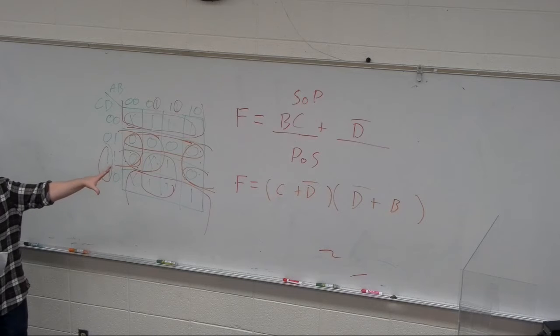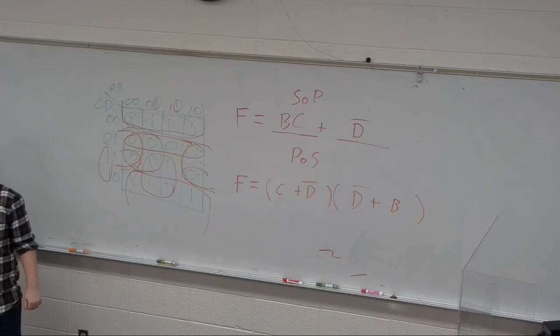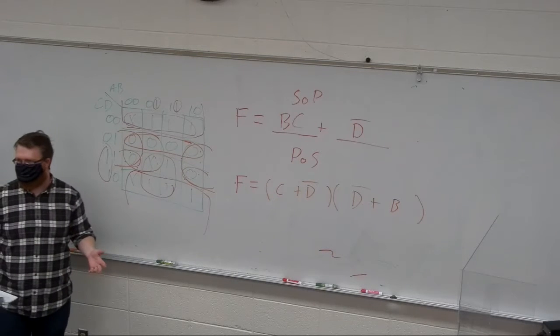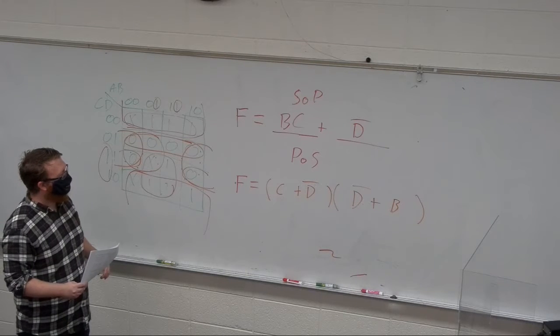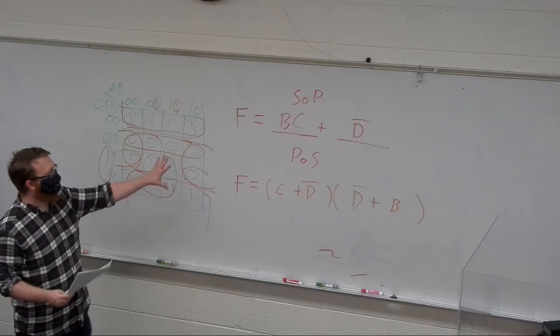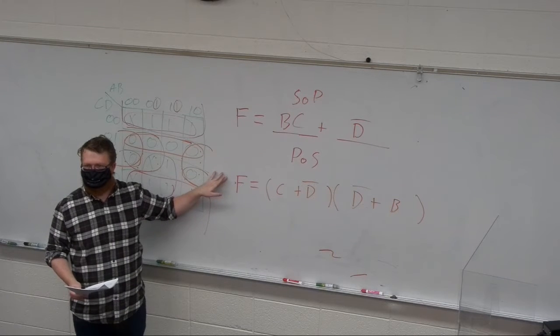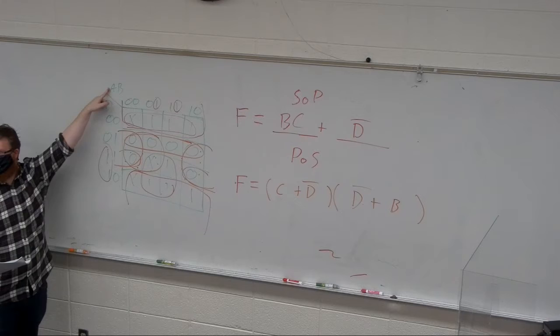And those, unless I screwed something up, should be identical if you drew out the truth table for those. So you can always check your work with the truth table. That's interesting. So this shows in both cases, promisingly, that A doesn't matter, right? So A is a completely trivial variable in this map.